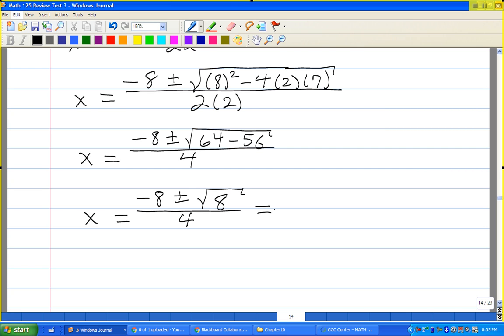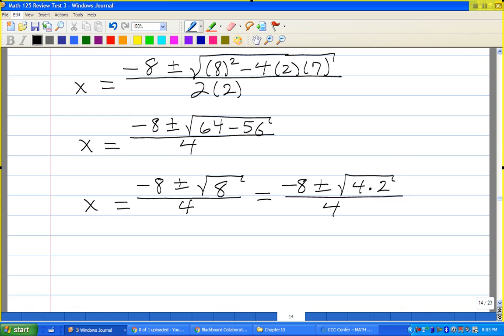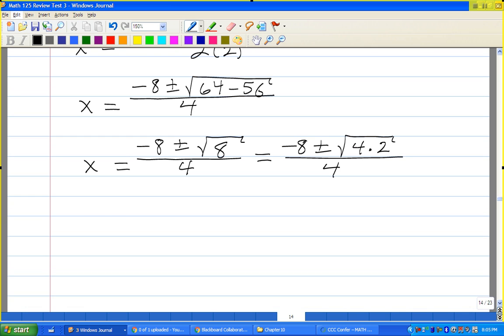So this is equal to negative 8 plus or minus the square root of, let's write 8 as 4 times 2. And so I can evaluate the square root of 4. The square root of 4 is 2. Let me factor a 2 that's in common.